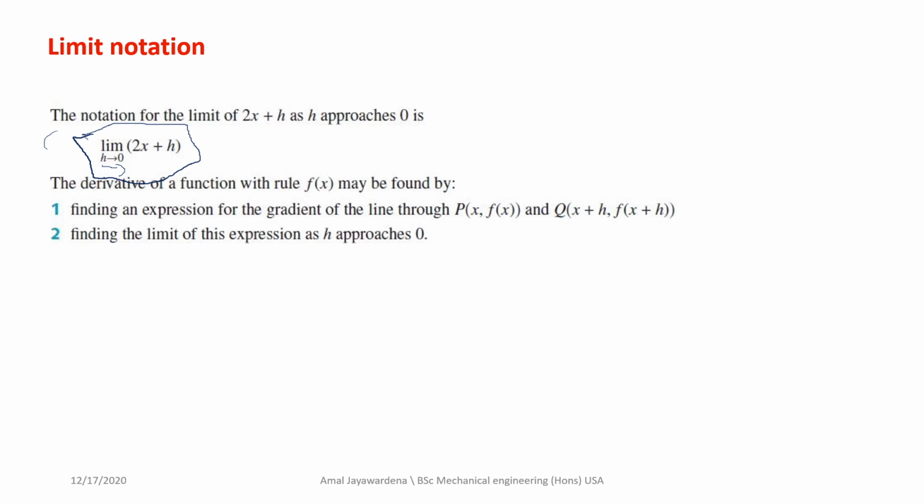The derivative of a function with rule f(x) may be found by finding an expression for the gradient of the line through points P and Q, and then finding the limit of this expression as h approaches 0. That's the limit notation.